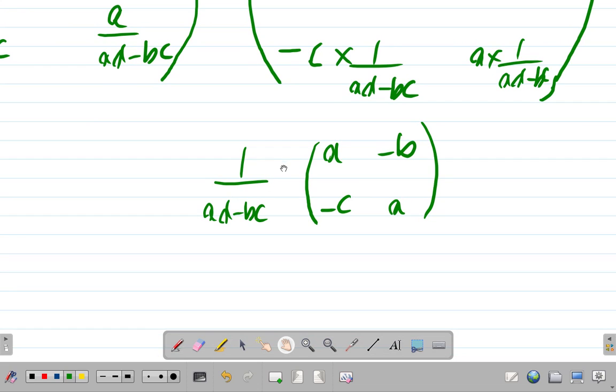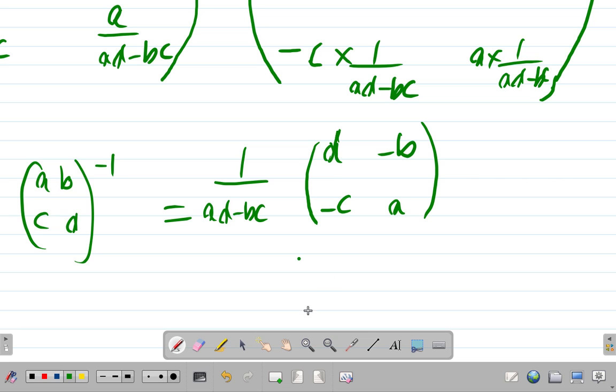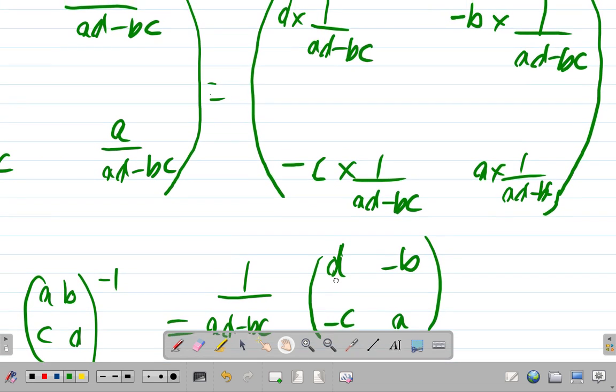What we have is the inverse of the matrix. So therefore, the inverse of A, B, C, D is equal to 1 over AD minus BC times A, minus B, minus C, D. Oh, D, I mean, I wrote it making it look like A. What is D?